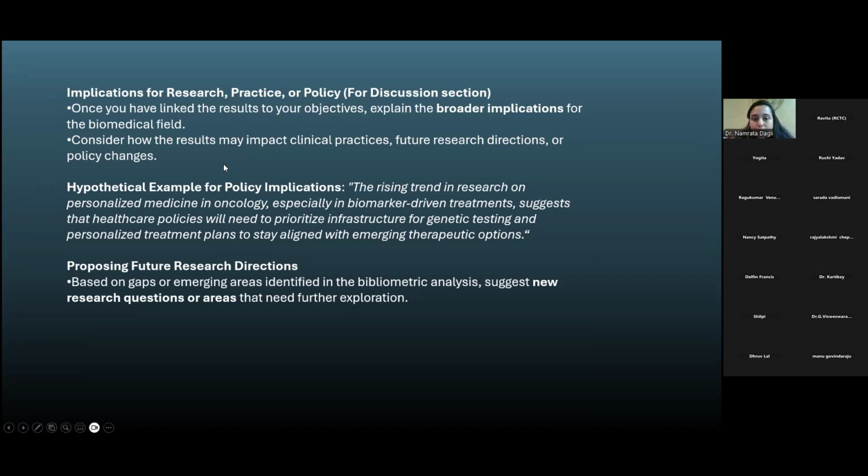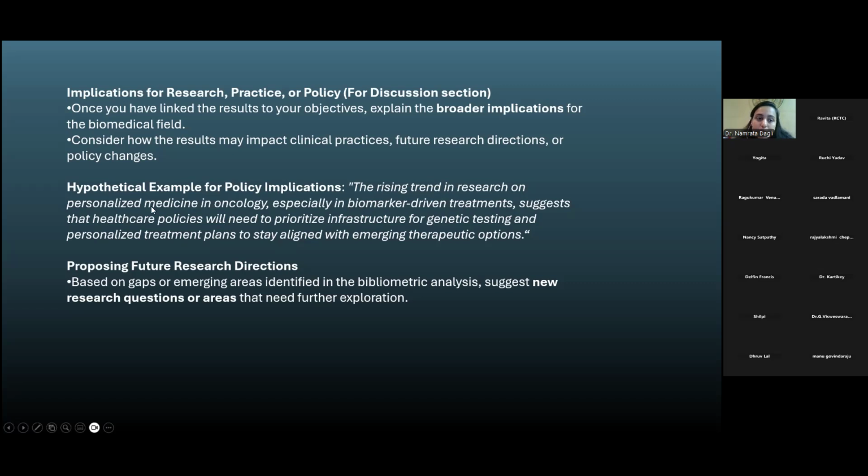For example, this is an example for policy implication, how you think about policy changing. The rising trend in research on personalized medicine in oncology, especially in biomarker-driven treatments, suggests that healthcare policies will need to prioritize infrastructure for genetic testing and personalized treatment plans to stay aligned with emerging therapeutic options.